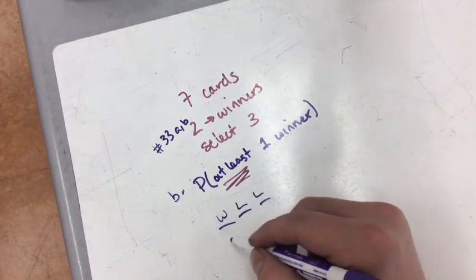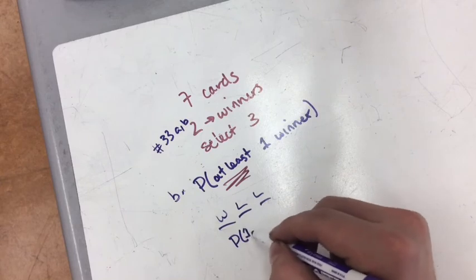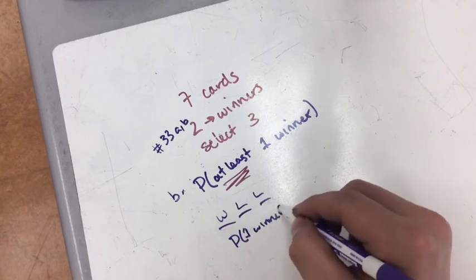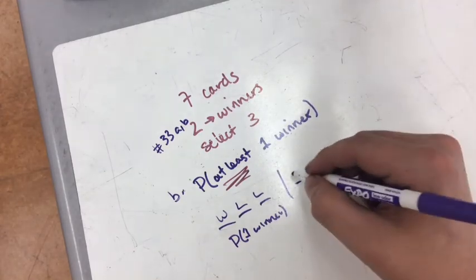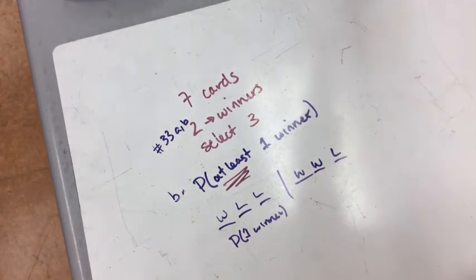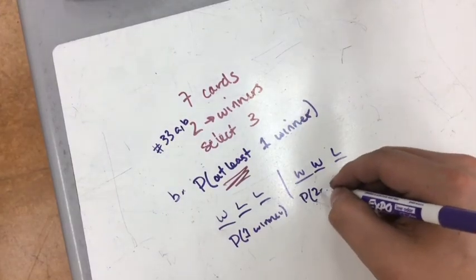So this would be the probability of 1 winner. Then we'd also have another situation in which we could have 2 winners and a loser. So this is the probability of 2 winners.